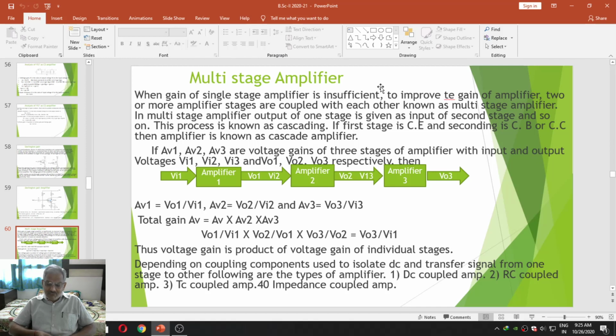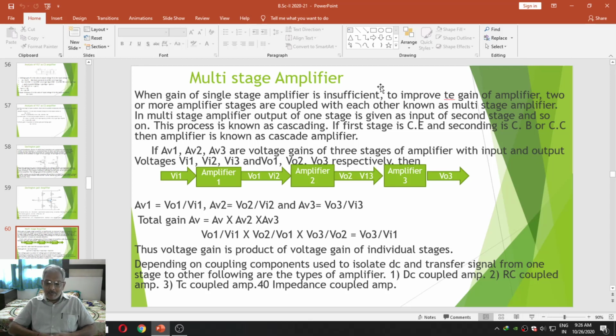Friends, as we have studied almost all amplifiers, all those amplifiers are single stage amplifiers. And suppose a single stage amplifier is not sufficient to increase the gain of the input signal to the required level at the output, then under that condition similar stages are connected to each other one after another.